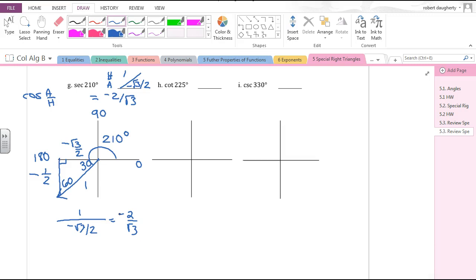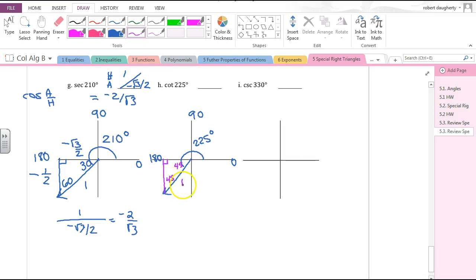Cotangent of 225. Draw the angle. 90, 180. So 225 is somewhere right here. So that's 225. And that is 180 plus 45. So if you look at it, your central angle here is 45. And that makes this angle 45.